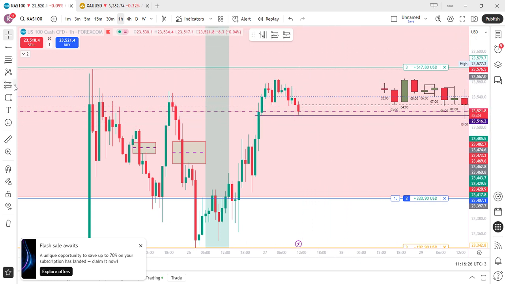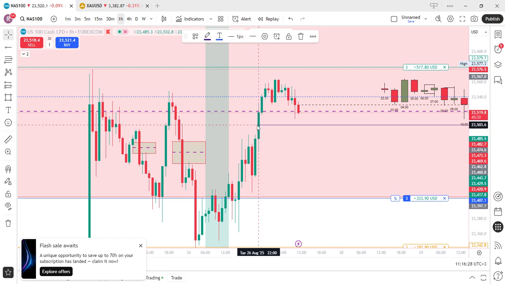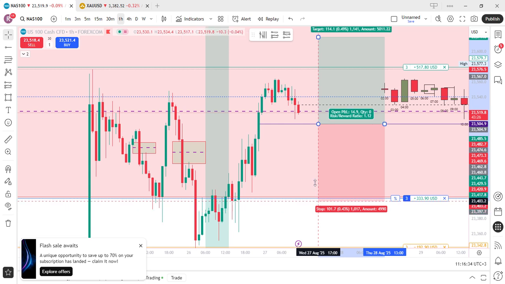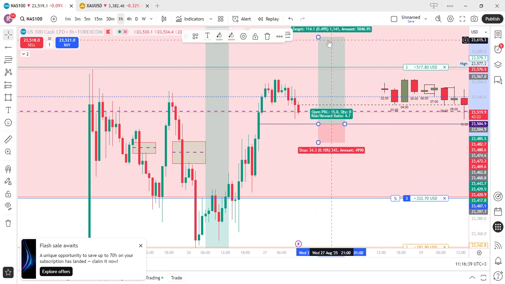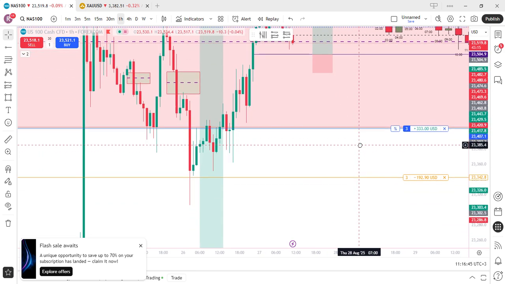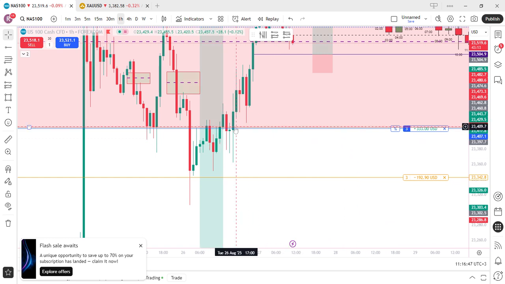So maybe you can position yourselves within that consequent encroachment, that midpoint, with a long, something like that, and target this high, which is not really such a good risk to reward ratio, just 1 to 3.